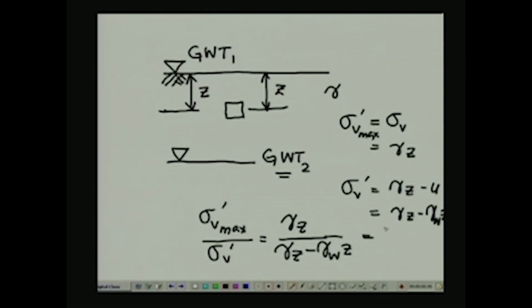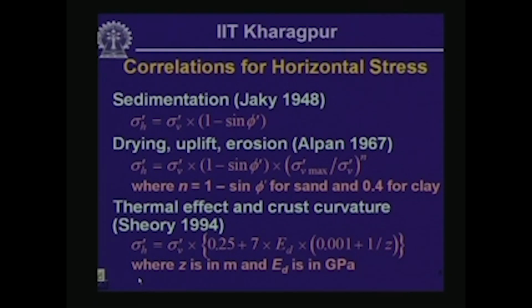So that is equal to, after simplification, gamma by gamma minus gamma w. So that is how a soil can become over consolidated.